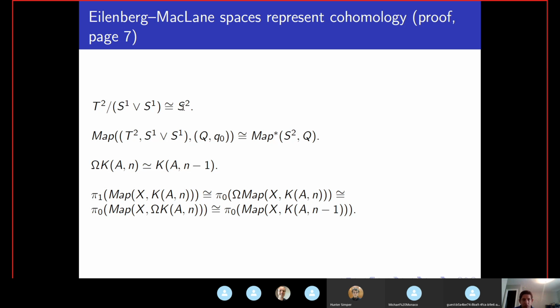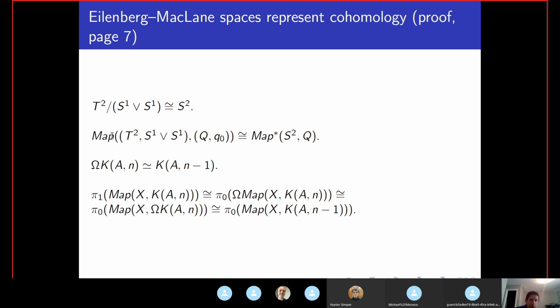And the quotient is just the square mod boundary, which is S2. So maps from the torus rel this one skeleton, this figure 8 one skeleton, is the same thing as based maps from the quotient, which is based maps out of S2.